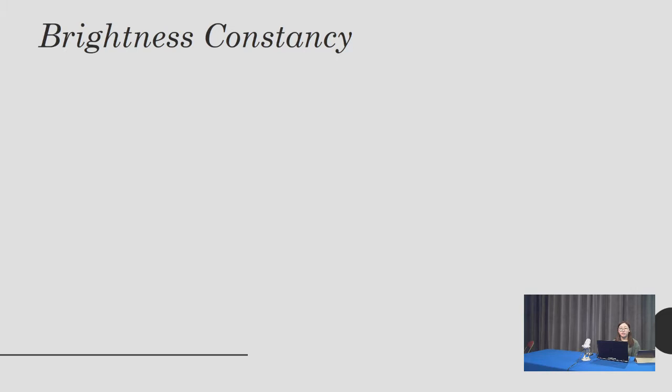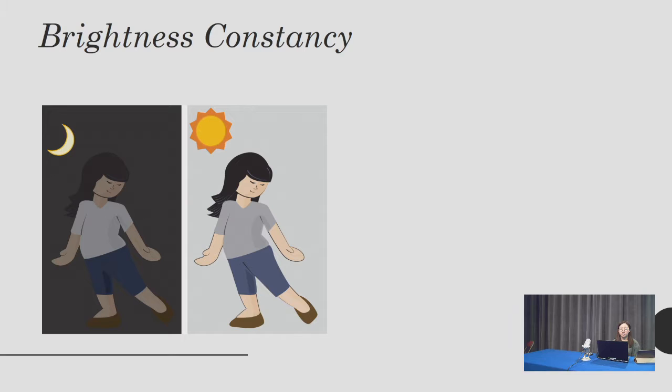And also about brightness constancy, you can see the girl with the same clothes, but the color of the clothes doesn't look the same, but in fact they are the same color.